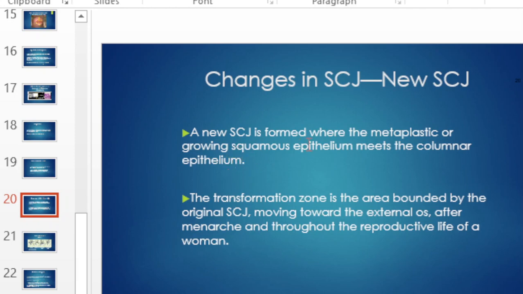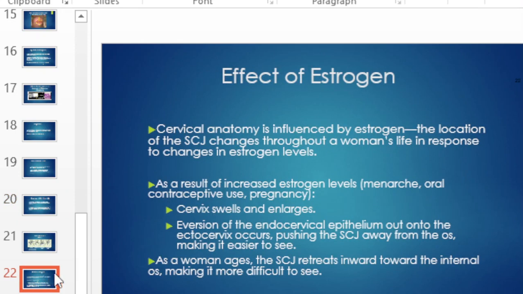So a new squamocolumnar junction is formed where the metaplastic or the growing squamous epithelium meets the columnar epithelium. The transformation zone is the area bounded by the original squamocolumnar junction moving towards the external os after menarche and throughout the reproductive life of a woman.